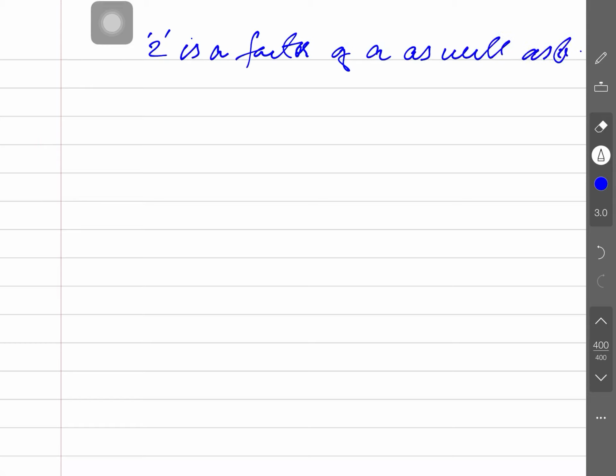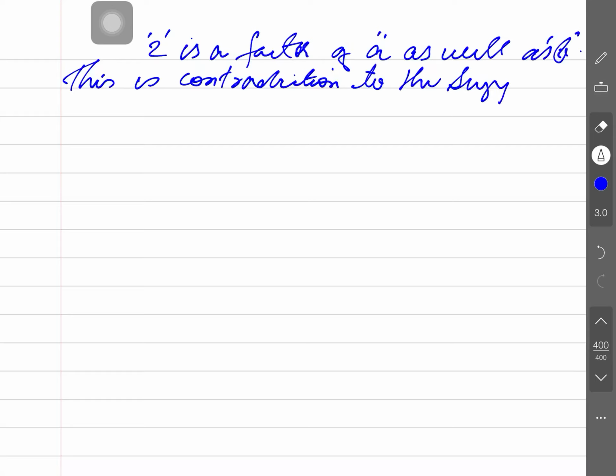This is a contradiction. You will write down here: this is a contradiction to the supposition. What supposition, please tell me.